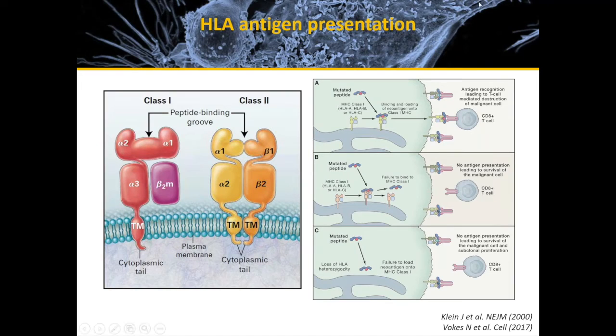MHC class 1 is both polygenic, encoded by 3 loci, HLA A, B, and C, and highly polymorphic. This combination allows a diversity of peptides to be presented and also creates significant heterogeneity between individuals as to which antigens can be presented. Therefore, HLA diversity directly affects the repertoire of peptides.